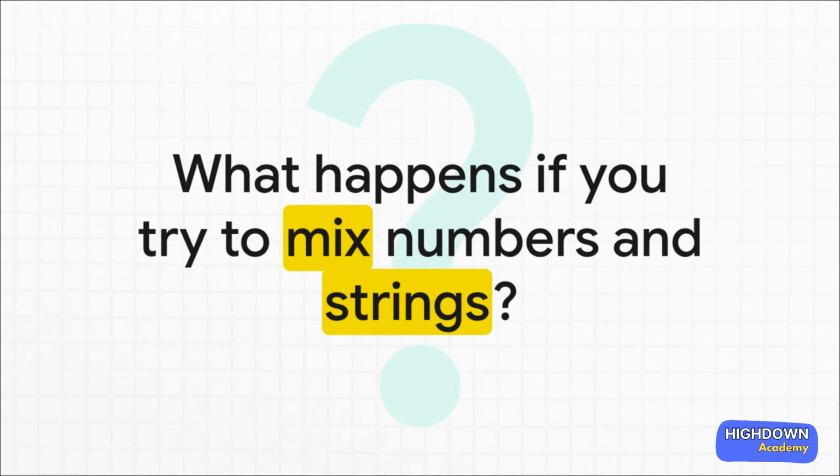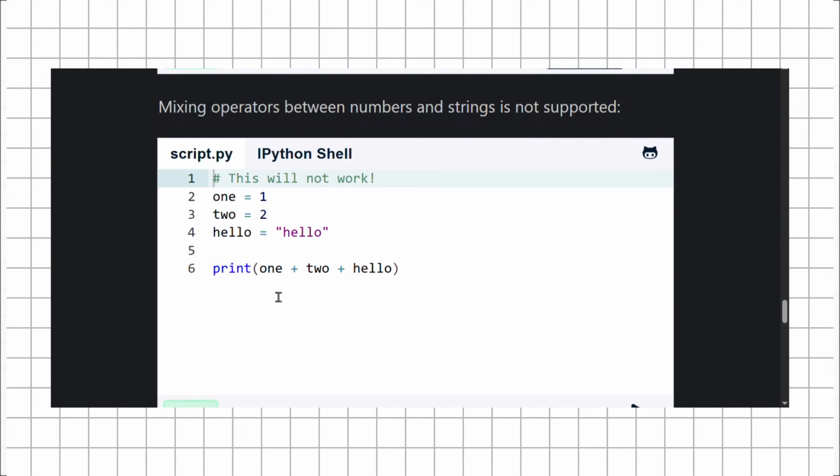So we've seen the plus sign works for numbers and it works for strings. But what do you think happens if we try to use it to add a number and a string together? Is Python going to get confused? Let's find out. So let's take a look at this code. We're telling the program to add the number 1 plus the number 2 plus the string hello. Now the program can handle the first part. 1 plus 2 equals 3.